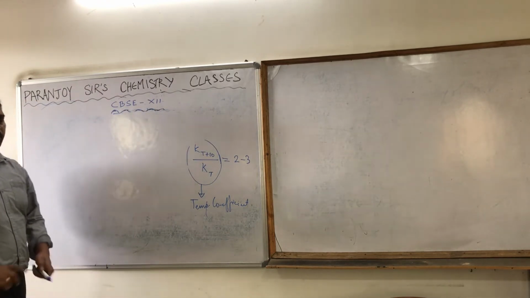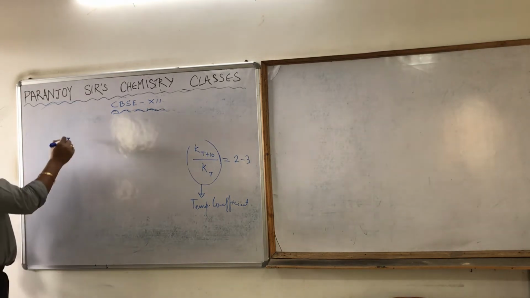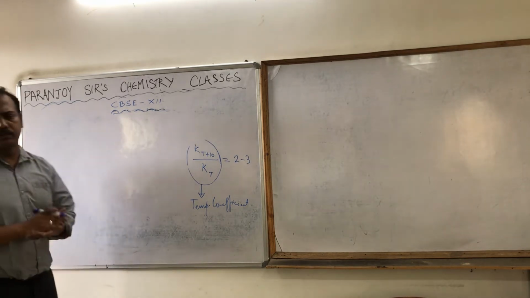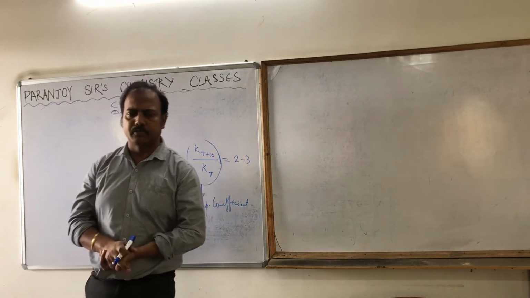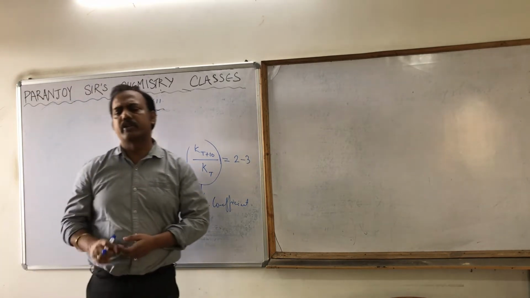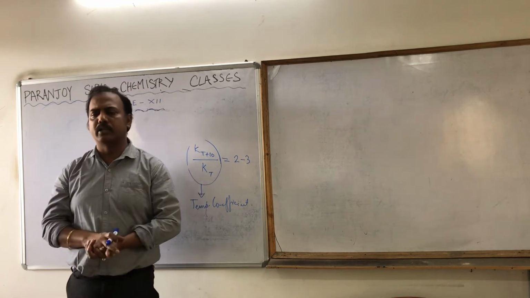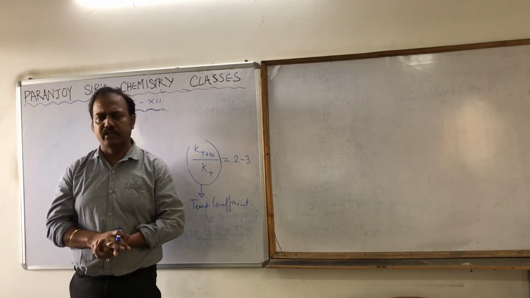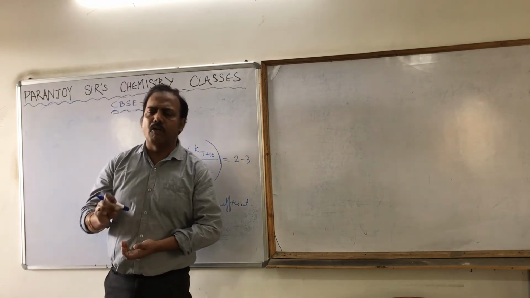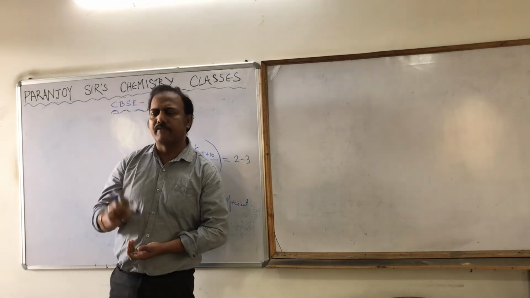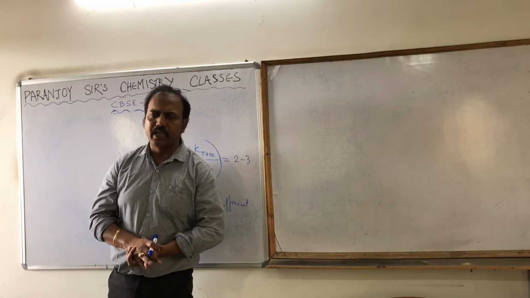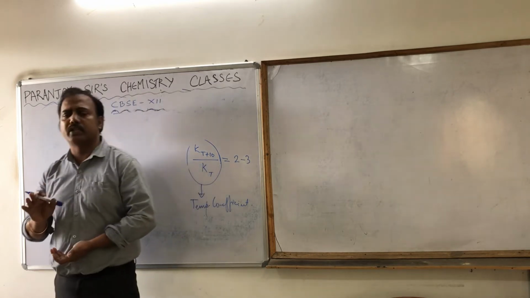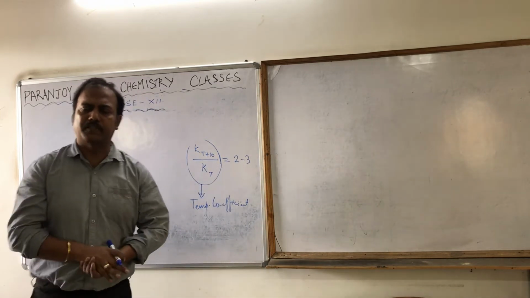Now suppose there are 100 reactant molecules. Will all 100 reactant molecules undergo the reaction? First question is that. Second question, will all the 100 molecules have the same kinetic energy? These two questions actually explain this fact.